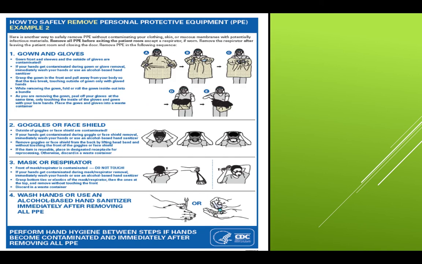So on this next slide, again, it is talking about how to properly remove your PPE. This is just a second way to remove essentially your gown and your gloves at the same time. So the only difference between this slide and the previous slide was you're removing your gown and your gloves at the same time.